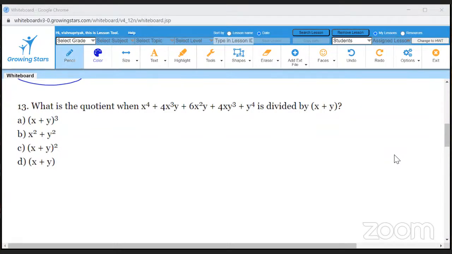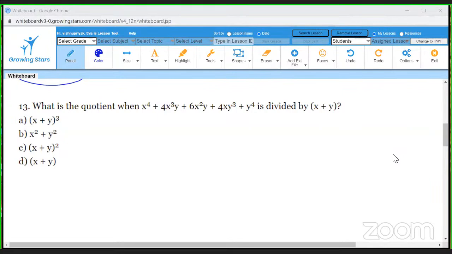What is the quotient when x power 4 plus 4x cube y plus 6x square y square plus 4xy cube plus y power 4 is divided by x plus y? So if you see the binomial expansion properties carefully here, we know that 4c0 is 1.